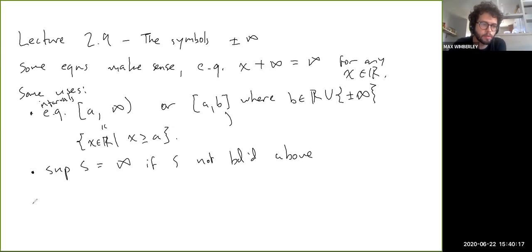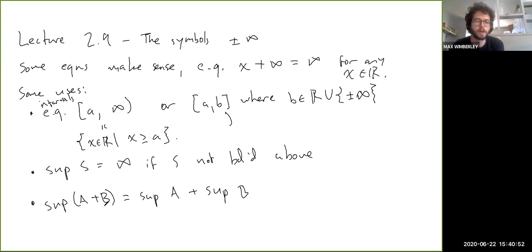And lastly, there are some interesting equations you can write down. One of the things on the homework actually deals with this. If you define the sum of two sets to be the set you get from adding all the pairs of numbers from one set and the other, you'd call that A plus B if A and B are subsets of R. There's a homework problem which asks you to prove that the supremum of A plus B equals the supremum of A plus the supremum of B. Now, if we assume A and B are both bounded above, then there's no question about what this equation is supposed to mean, because these suprema are all real numbers, right?